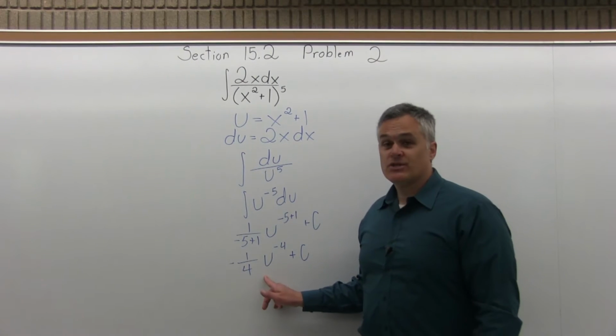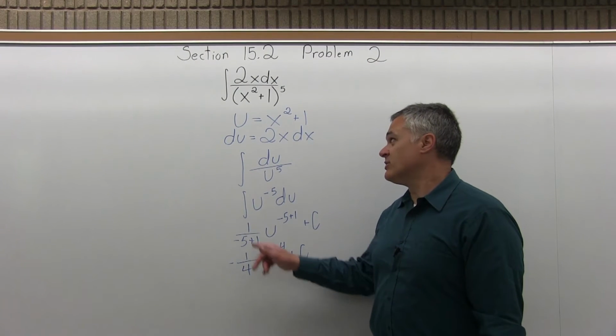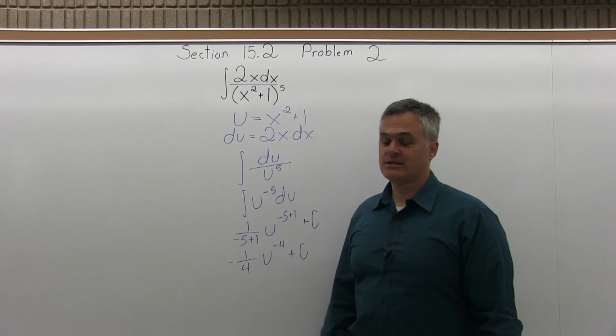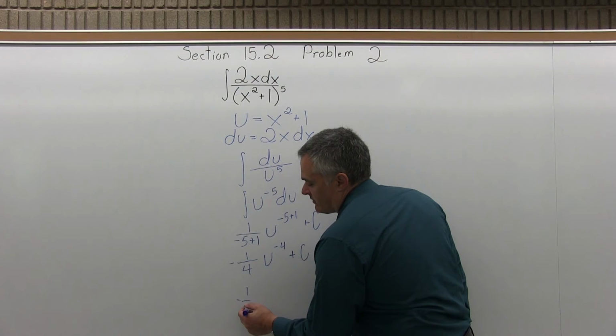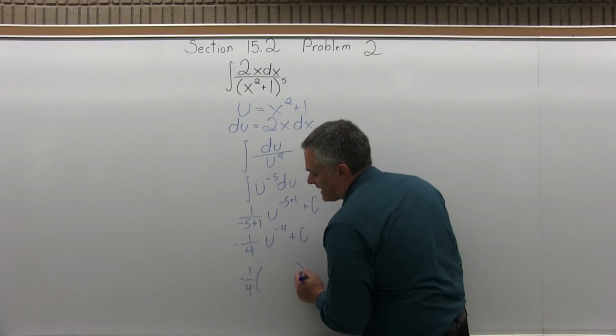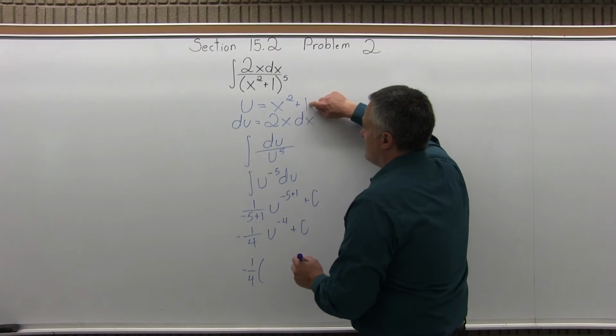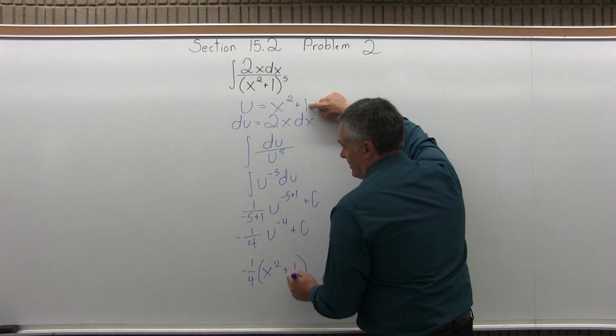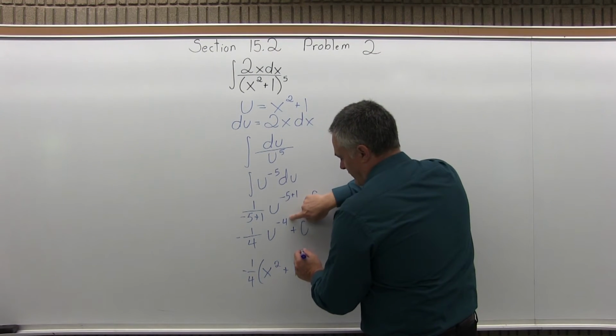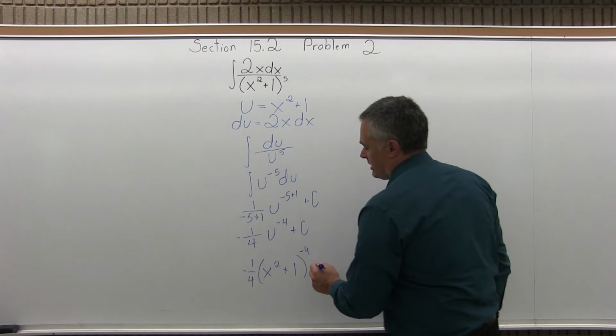Now, that is the answer to the integral, but it has to be written in terms of the original variable x. So leave my negative 1/4 in front of the answer, and instead of u to the negative 4th, put the value of u in terms of x, which is x squared plus 1, in parentheses, to the negative 4 power, plus some constant.